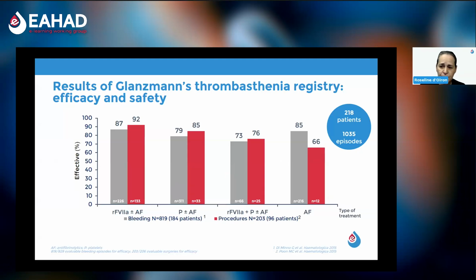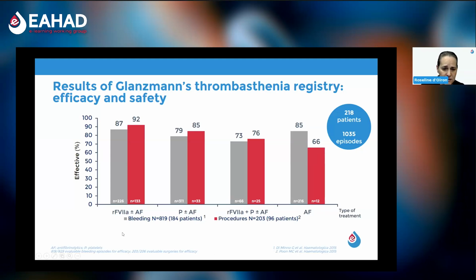After the EMA approval, it has been requested to still continue to collect data on the safety and efficacy of the use of 7A, and that has been the role of the Glanzmann Thrombasthenia registry, to collect information on how the bleeding episodes were treated with the available medication and different strategies: either recombinant factor 7A and antifibrinolytics, or platelets, or recombinant factor 7A plus platelets, or antifibrinolytics alone.